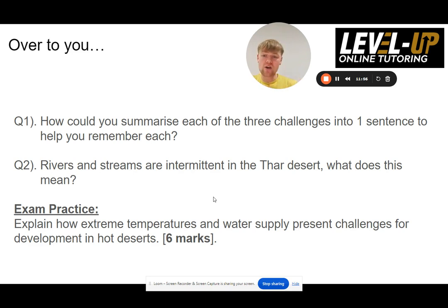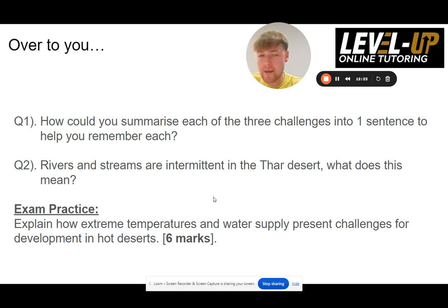So you're going to state the problem, extreme temperatures, and then provide reasons. Why do extreme temperatures create challenges? Well, we've got an increased rate of evaporation. We've got a tourism industry that is only sustainable for a couple of months of the year because tourists only want to visit in the cooler winter months.